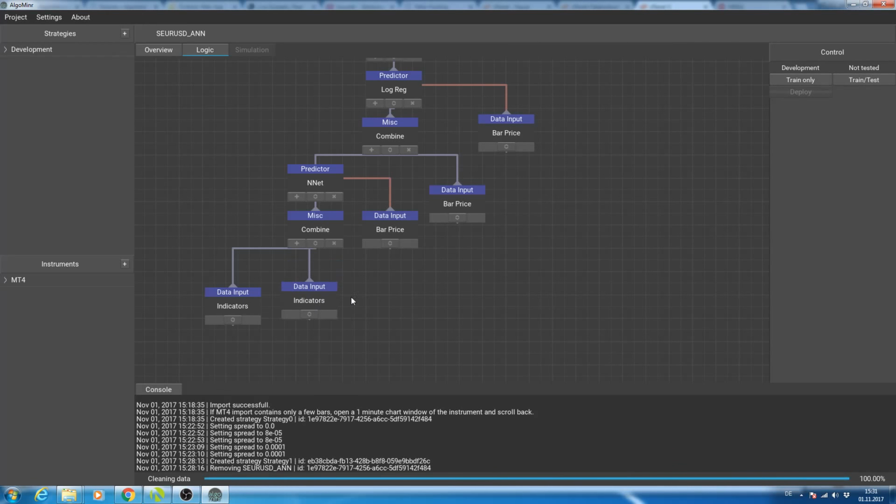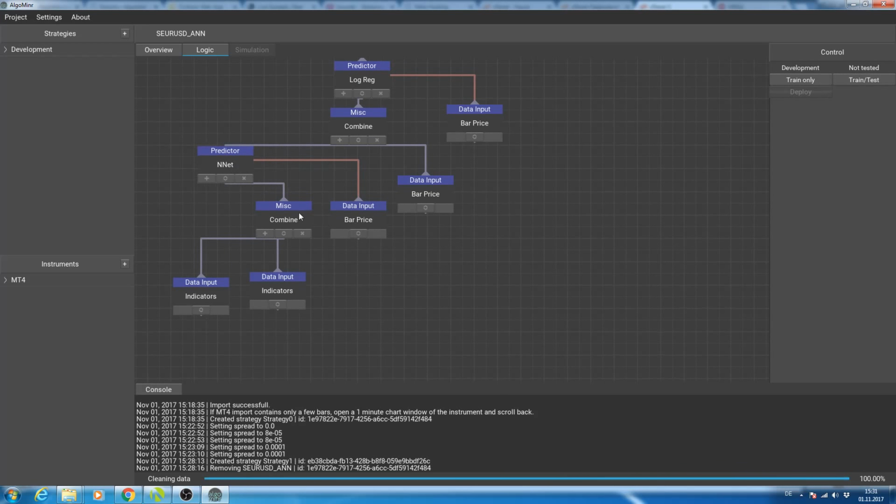Add them. Alright, so this is the first neural network. It predicts the bar price based on both these indicator sets for the next 120 minutes.